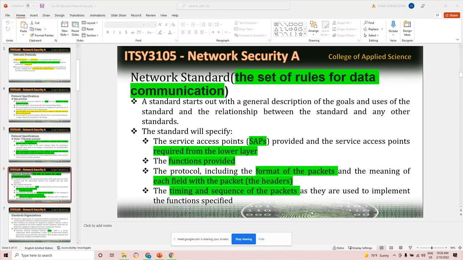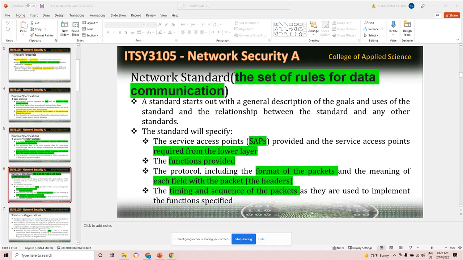That is called interoperability. One student may have a Huawei phone, another student an Apple phone, another student an Android phone. So we are able to connect to each other with different devices, different operating systems.